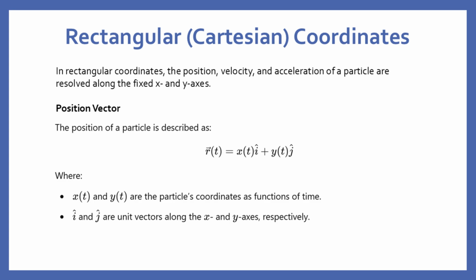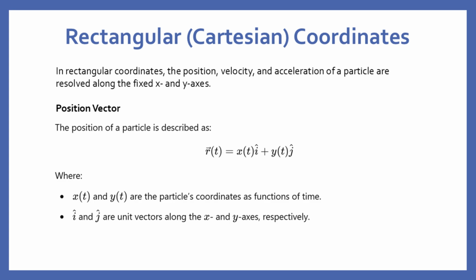This system is incredibly versatile, whether you're tracking a robot's movement, analyzing a projectile's path, or studying complex mechanical systems. By resolving motion along these fixed axes, we transform abstract movement into something we can mathematically predict and understand.